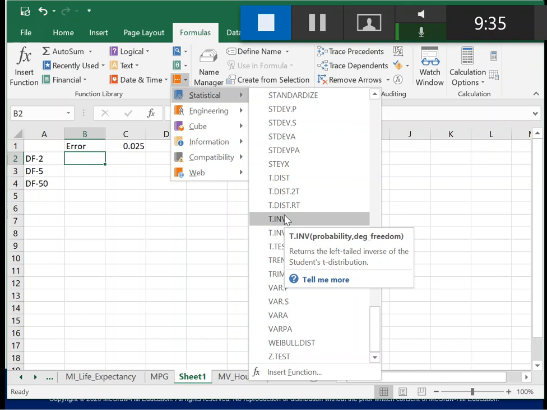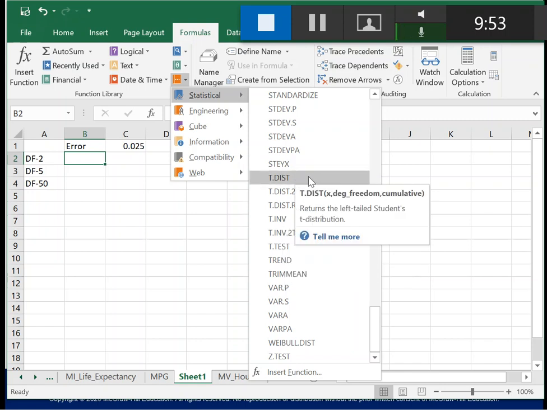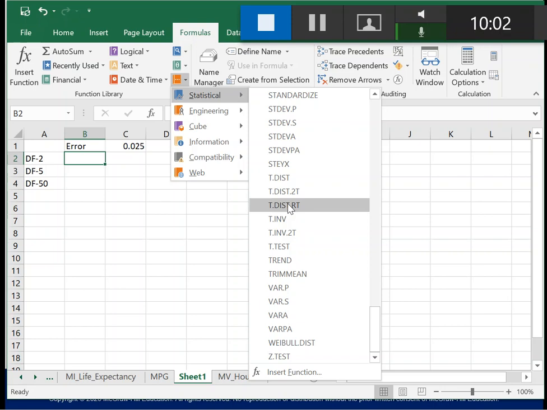We want to calculate the left tail, the inverse of the student's t-distribution. So we're not using the T.DIST formula yet. We're going to use that later on, but not in this chapter. We're going to use the T.INV, okay? And I know that if you hover over it and it gives you the description, it says this is the left tail of the student's t-distribution, or here's the right tail of the student's t-distribution.